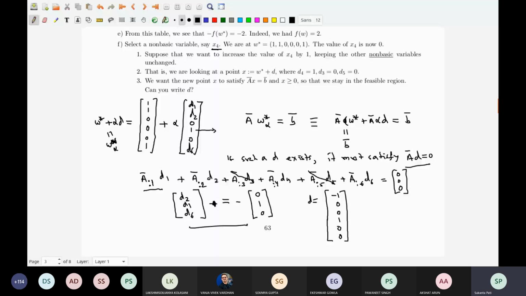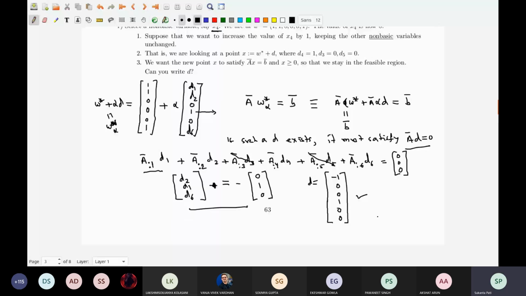Now if I move out in this direction by alpha units, then what will be W star alpha? That I will show later. In fact, since it is W star plus alpha D, W star alpha is W star plus alpha D.